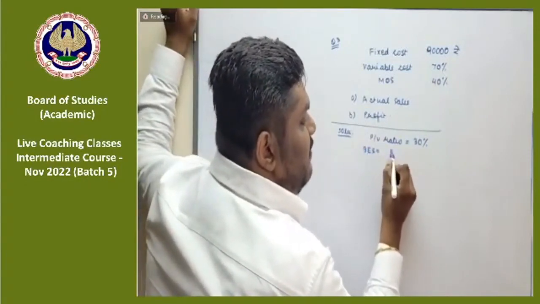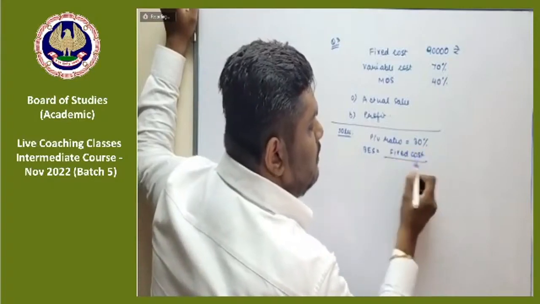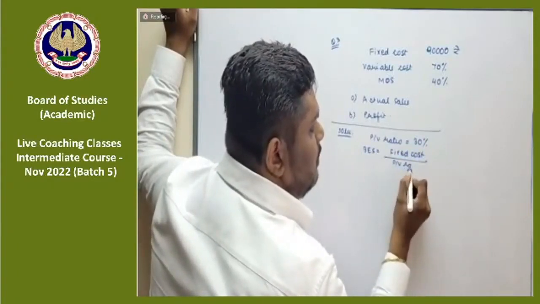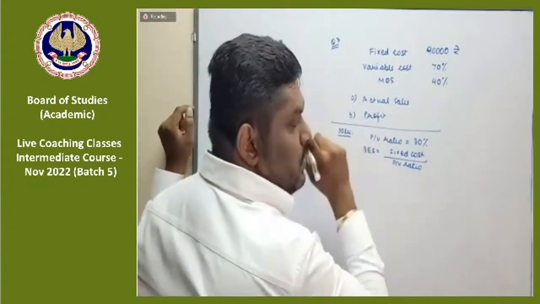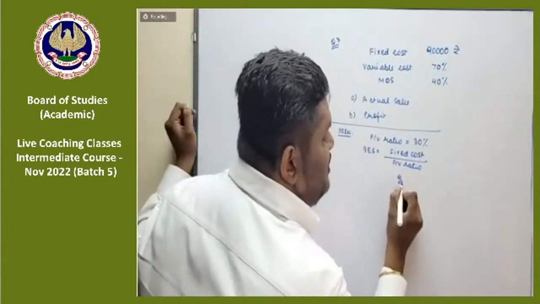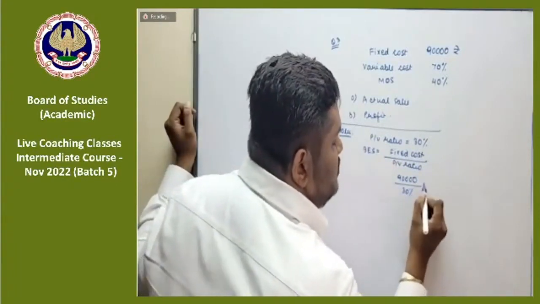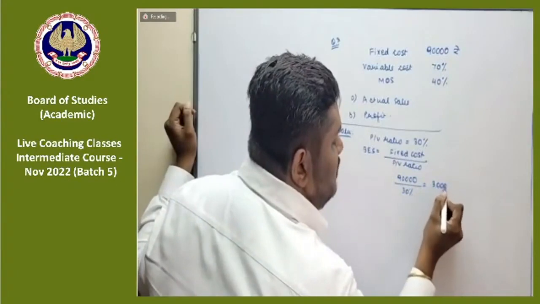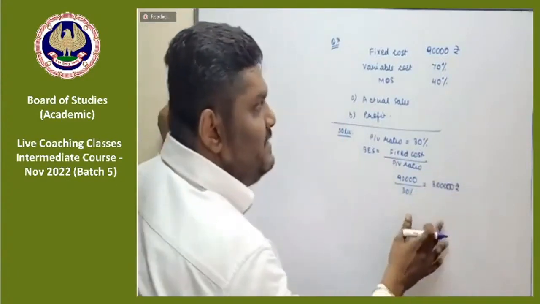And it is fixed cost divided by PV ratio. So, fixed cost is how much? 90,000 divided by 30%. So, this will be 3 lakh rupees. So, now we have break-even sales.